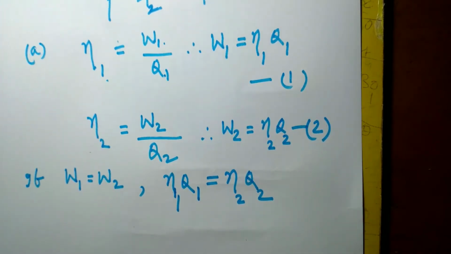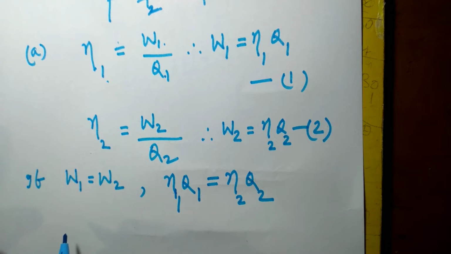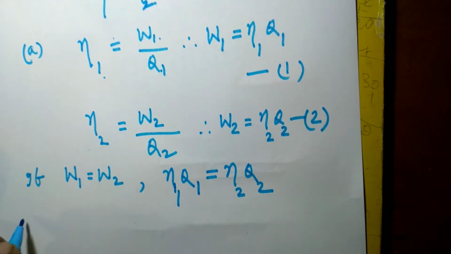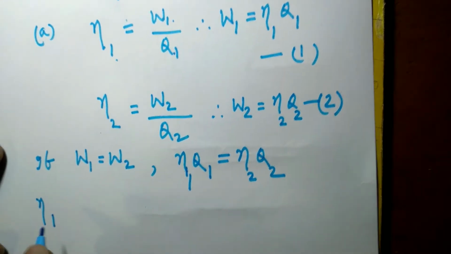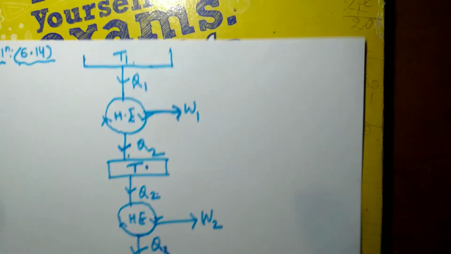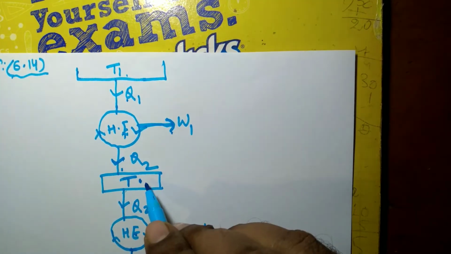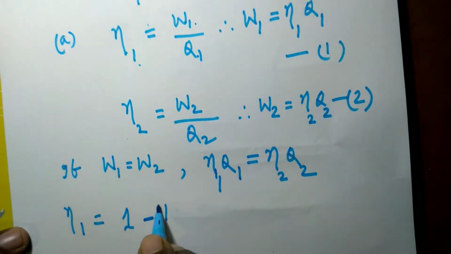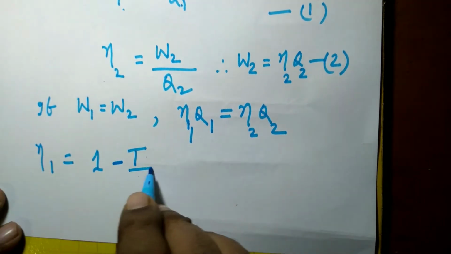Now we know that efficiency of any reversible heat engine is 1 minus sink temperature expressed in Kelvin divided by source temperature expressed in Kelvin. So efficiency of engine 1 is nothing but 1 minus, in this case for engine 1 the sink temperature is T and source temperature is T1. So I can write 1 minus T divided by T1.